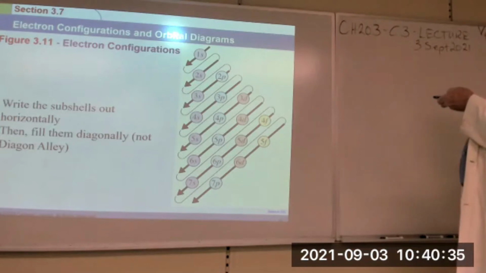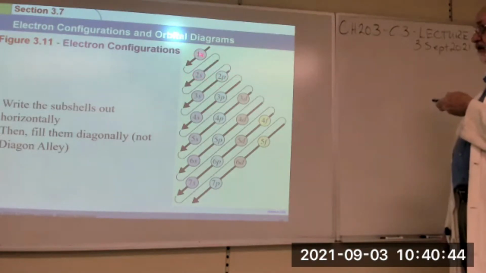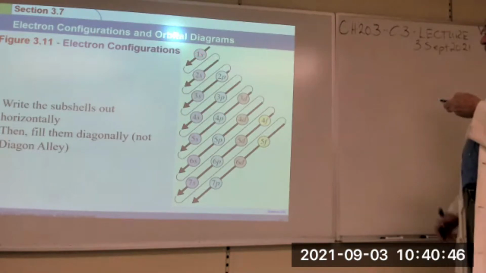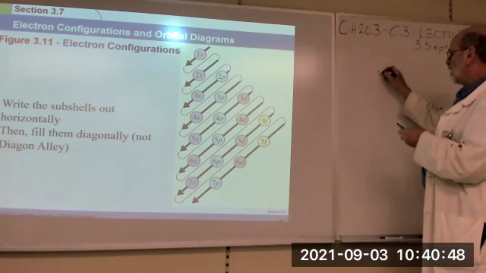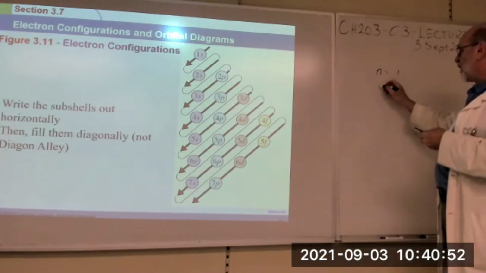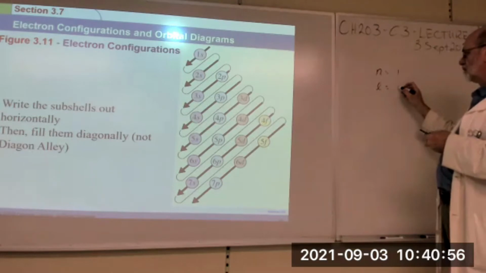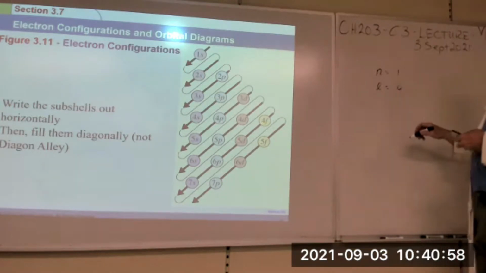So if we list them up here, this is the 1 energy level, this is the 2, and it can have an S or a P in it. Now, S is in the first energy level. If the quantum number is 1, then the only possibility for the L is 0.